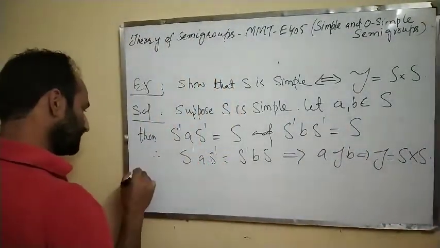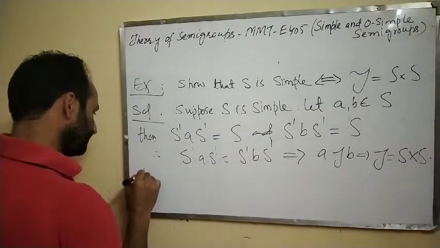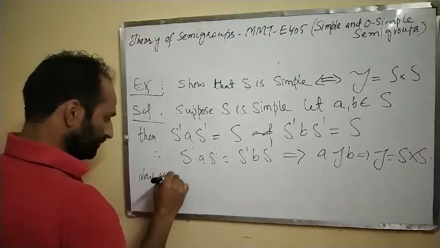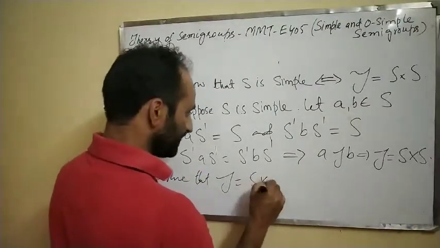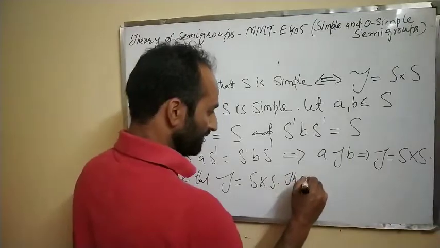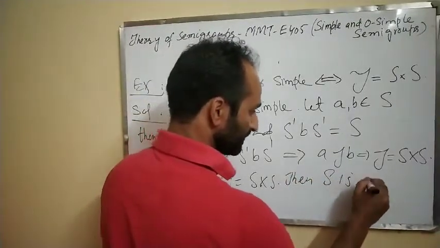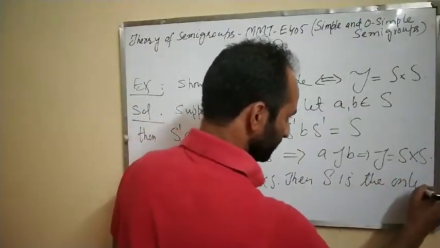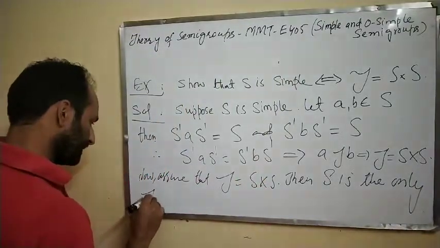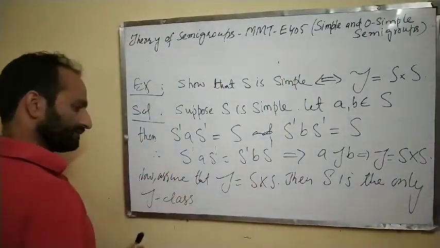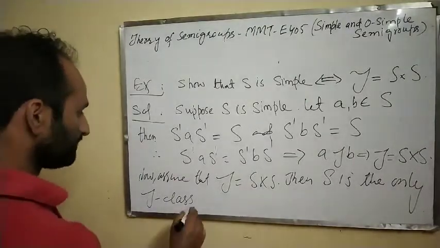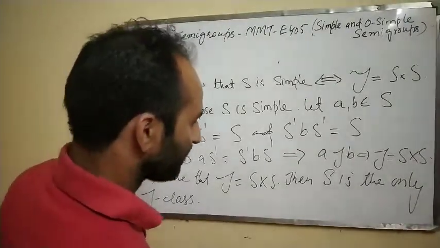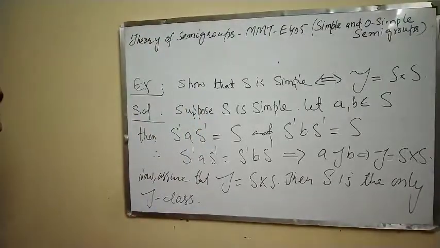Conversely, assume that J is equal to S cross S, then S is the only J class. It is only one J class, that's S itself, because any two elements are J related.